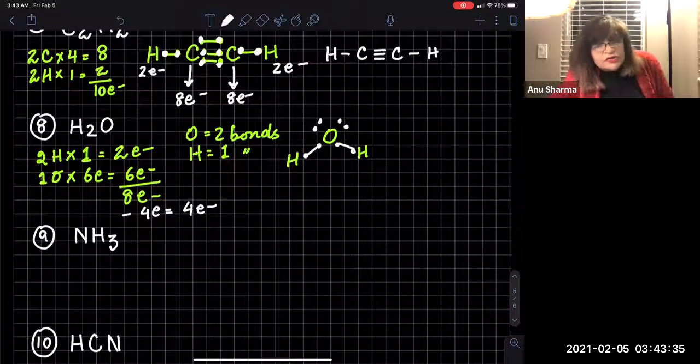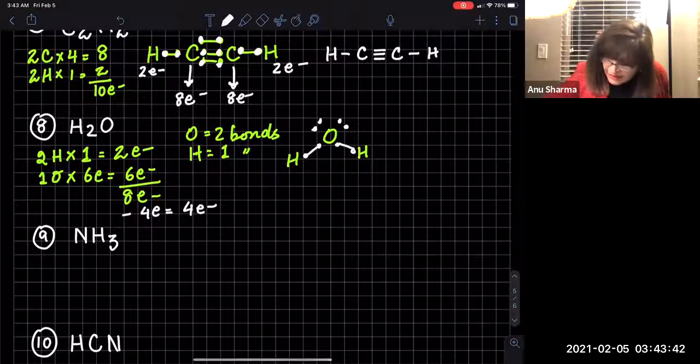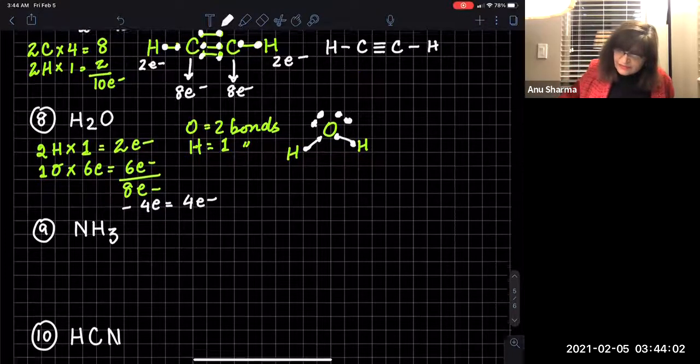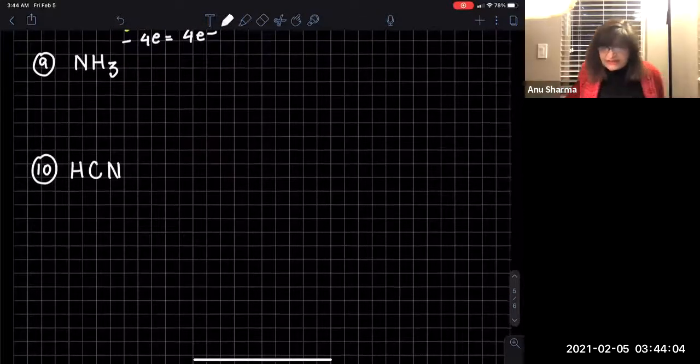Oxygen wanted to make 2 bonds, and now it also has an octet: 1, 2, 3, 4, 5, 6, 7, 8. So oxygen has met the octet and is making 2 bonds. Hydrogen wants to make 1 bond, making 1 bond. Okay, so this is the deal with these guys. Next is these 2. We're going to finish this up, just give me 1 minute.